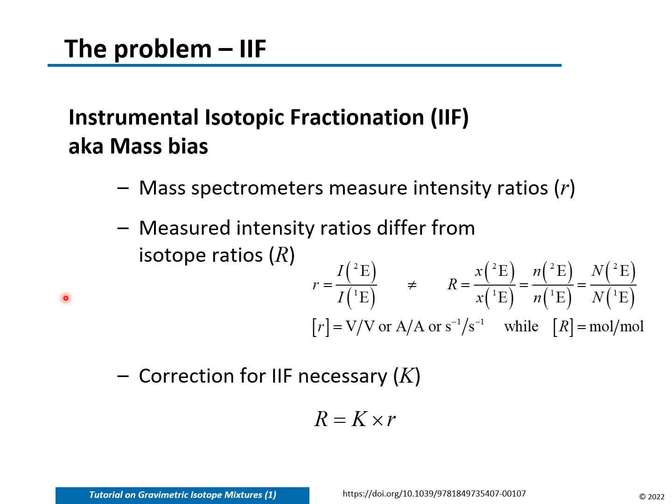But the more common name is still mass bias, even though this name is not entirely correct. To convert the measured into the actual isotope ratio, usually a simple multiplication with a so-called correction or short K factor is done. Therefore, the problem is now to determine this K factor.